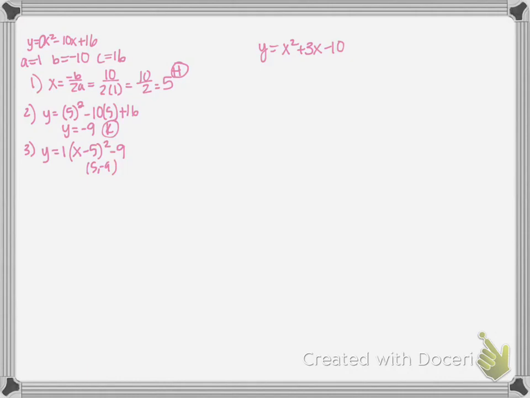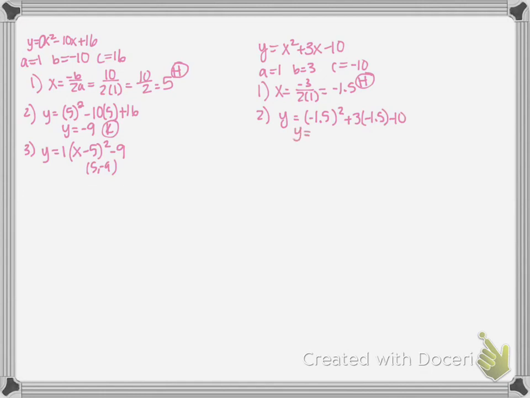Okay, my next one, a is 1, b is 3, c is negative 10. So my first step, x equals negative b over 2 times a. It's like taking the average of your a and b. So I get negative 1.5. That was my h. Now I've got to find my k, so I plug it in. So negative 1.5 squared plus 3 times negative 1.5 minus 10.